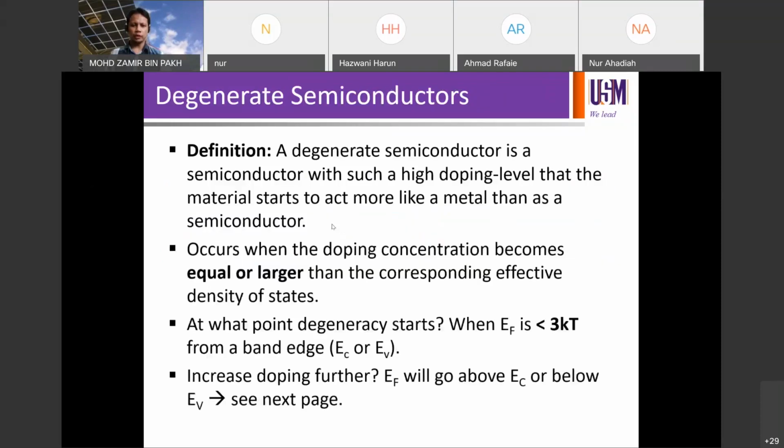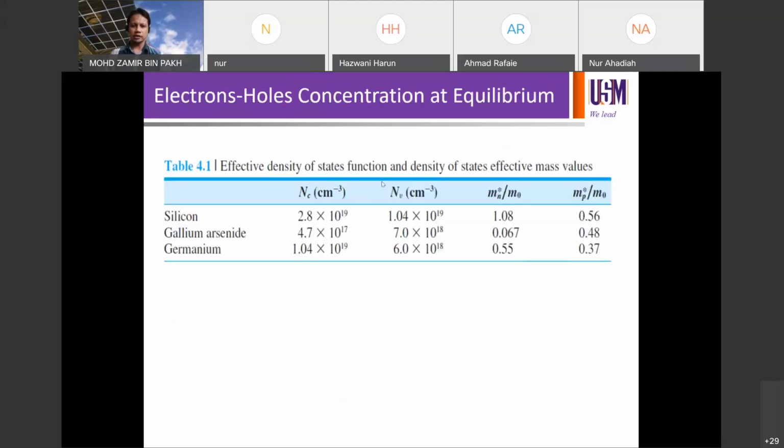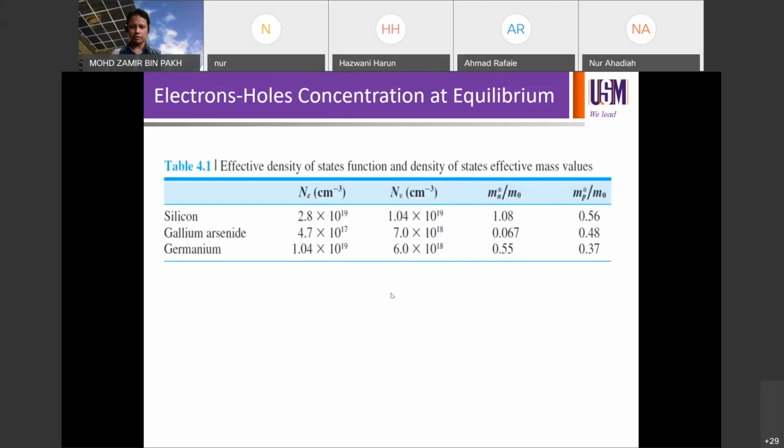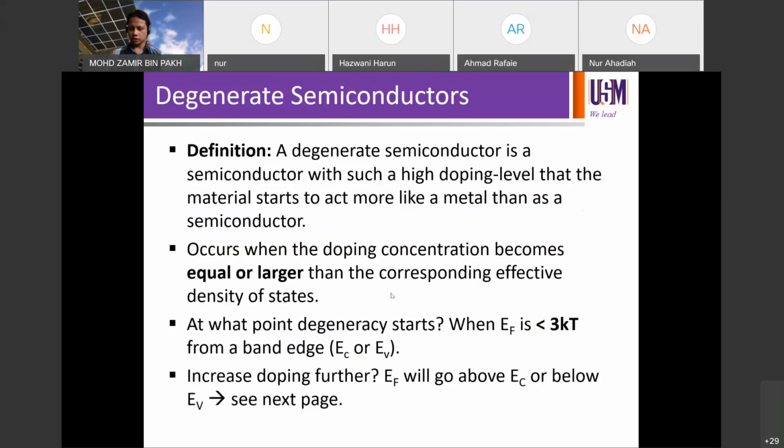If your doping level is equal to or larger than this effective density of states in the conduction band for n-type; if you want to check for p-type, then you have to compare with NV, of course. For n-type, compare with NC. So if your doping level is higher than this, either one, then that means your semiconductor has already started to become a degenerate semiconductor.